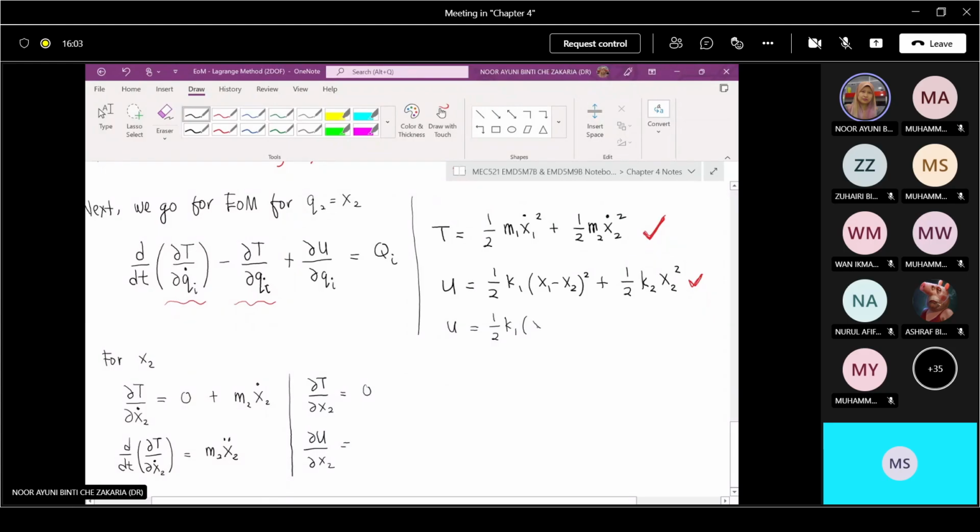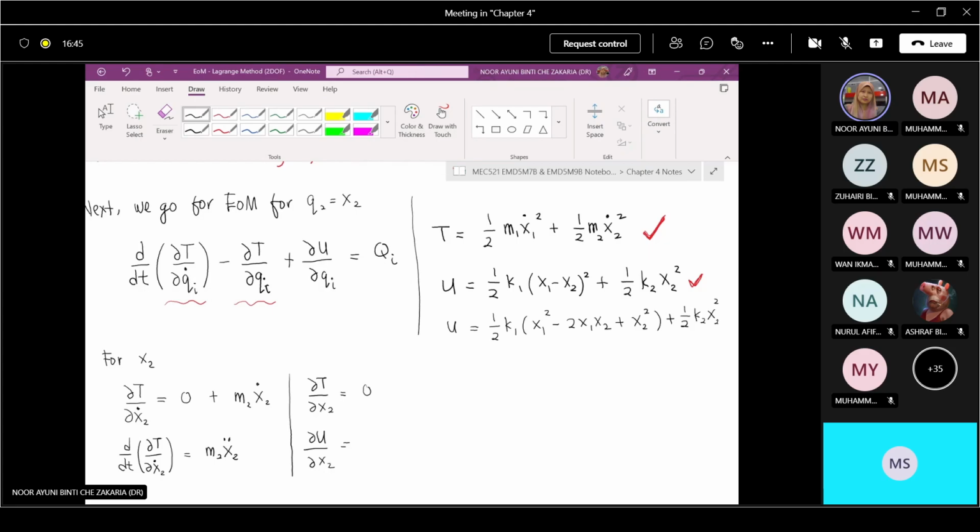So x1 square minus 2 x1 x2, and plus x2 square. Check my calculation. I always make mistakes dekat tambah tolak dengan nombor-nombor ni. Selalu ada salah lah. So have a look, kalau salah bagi tahu.